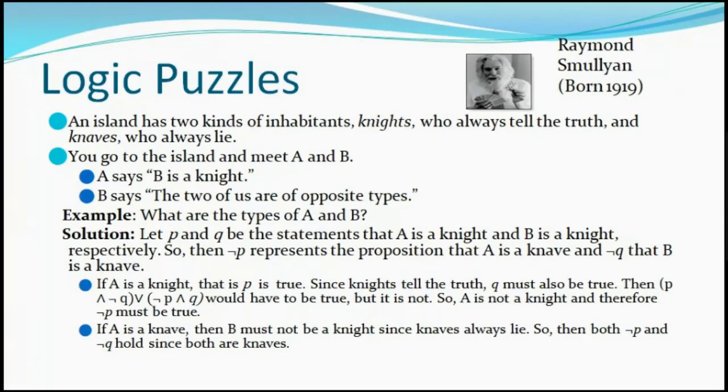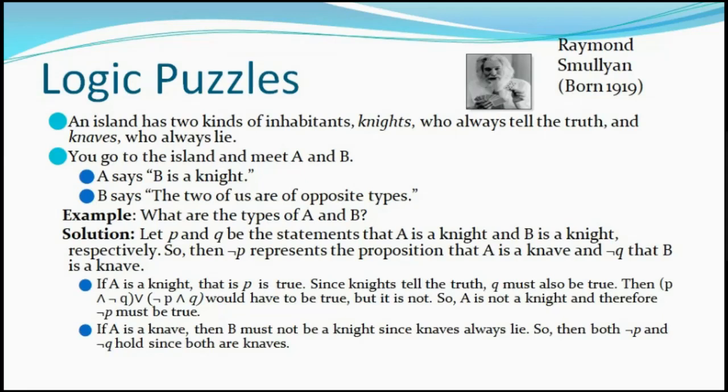Now, what is the case if A is a knave? That means he will always lie, so he may lie that B is a knight. What is the case if B is a knight? That is from the knight sect, so the two of us are of opposite types. So we can believe that A and B are of opposite types.